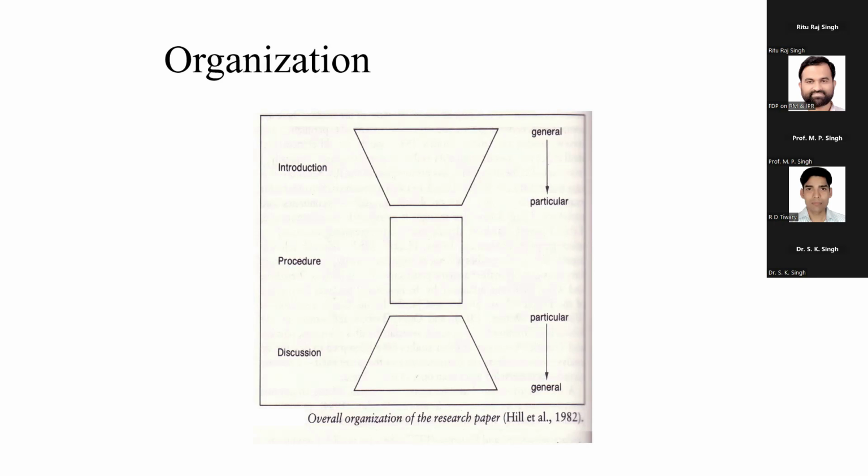You start with the WSN, with one or two general statements, and slowly you write statements that make the reader feel the requirement for your routing algorithm. And at the end of the introduction, you can throw in the idea of why this paper is important.